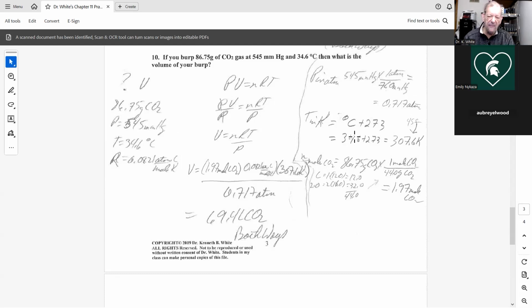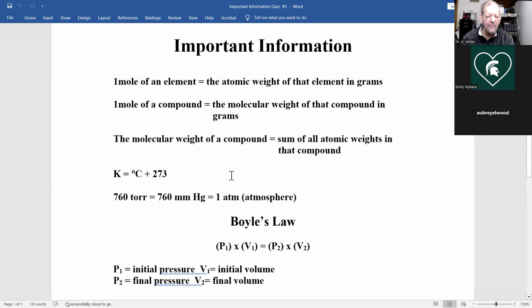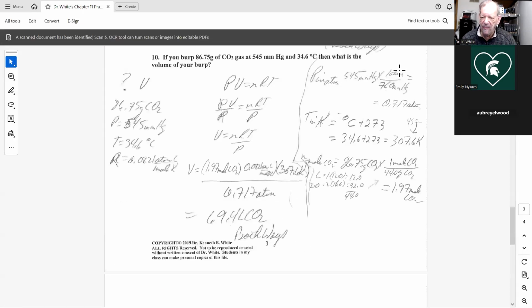And if you remember from the problem we did earlier, in important information, let me just show it to you. Right here, 760 millimeters of mercury equals 1 atmosphere. So on top goes 1 atmosphere, underneath goes 760. This is an exact number, 1 and 760, 3 significant, 3 significant.